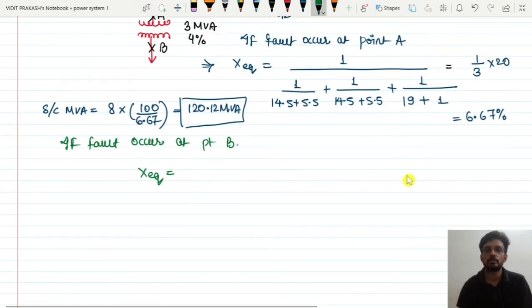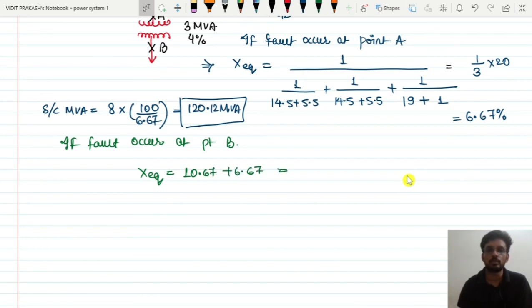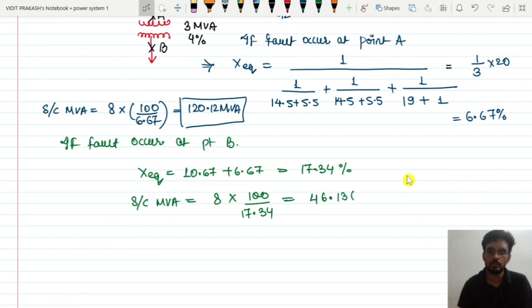So the total reactance will be 10.67 plus 6.67, which gives you 17.34%. So what will be the short circuit MVA value? It will be equal to rated MVA into 100 divided by 17.34, and this will give you 46.136 MVA.